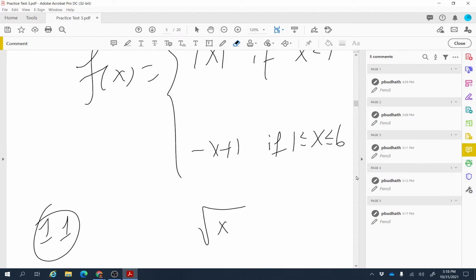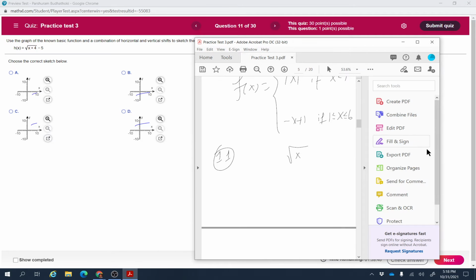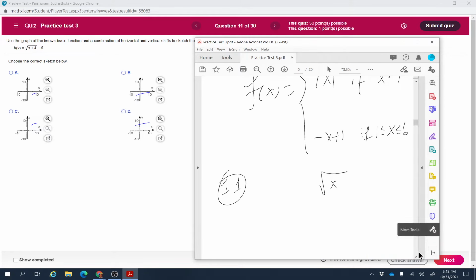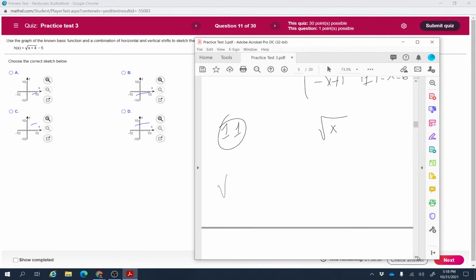We're going to use the basic graph, the square root of x, to go to the square root of x plus 4 minus 5. What kind of transformation are we using here? That's what we need to find out. From square root of x, we can go first to square root of x plus 4, and then from there to square root of x plus 4 minus 5.